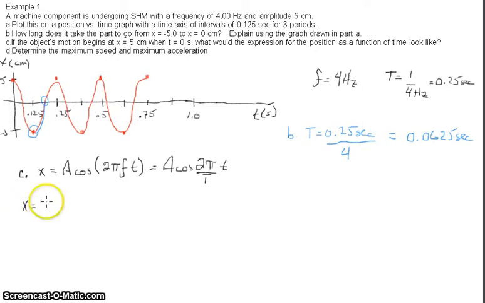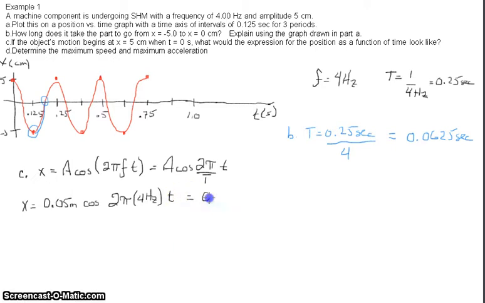So we know that this is 5 centimeters, so 0.05 meters times cosine of 2 pi, so this is going to be 2 times pi times 4 Hertz, times t.